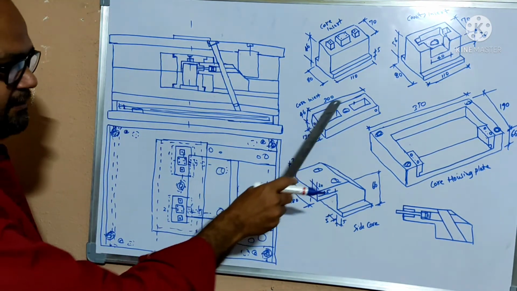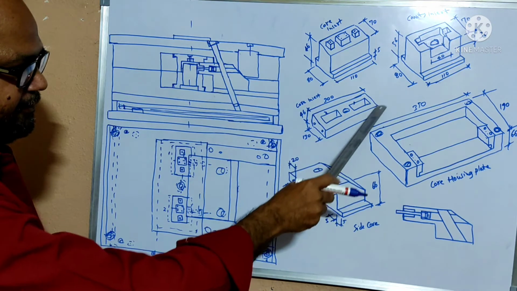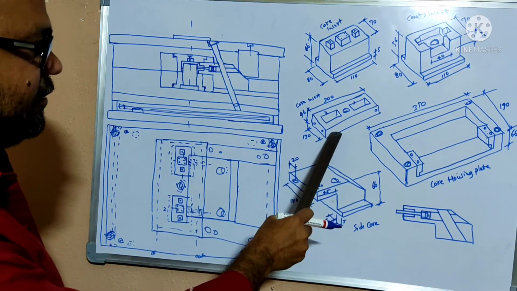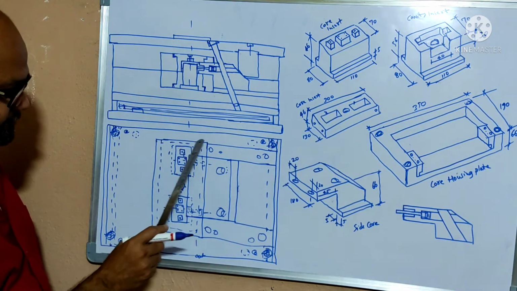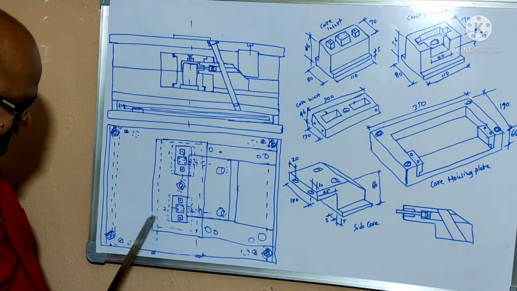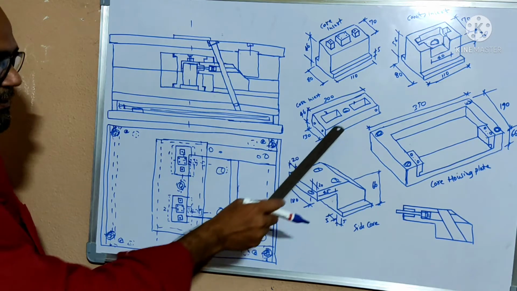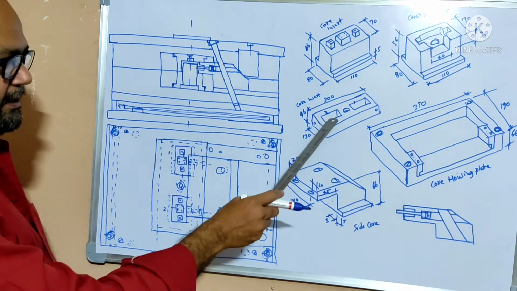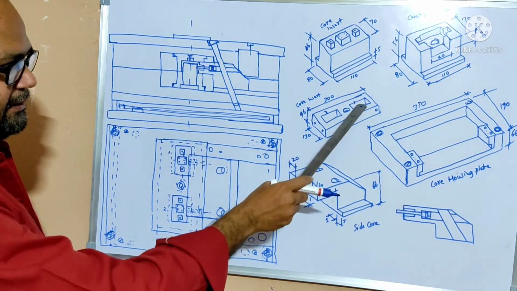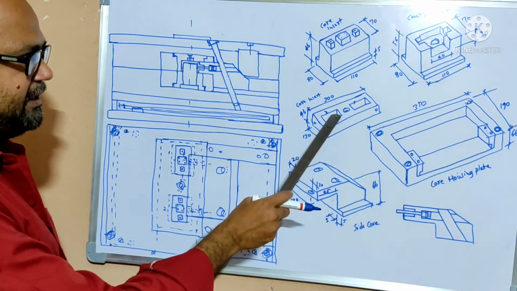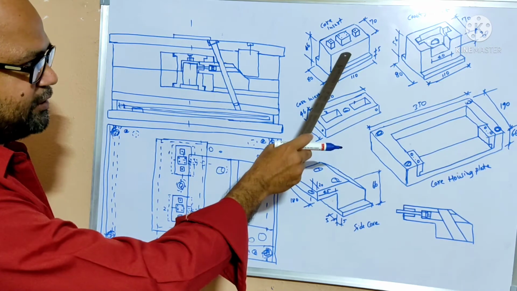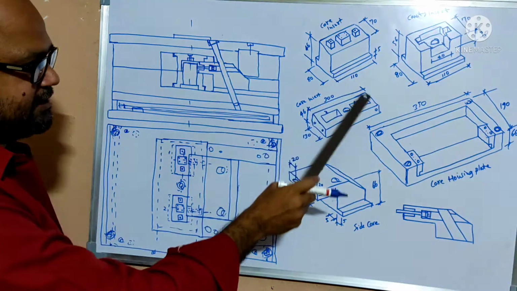The same thing, this is the isometric view. I am showing here the main core insert made of HDS. I am giving the dimensions also, and in this machining or pocket opening, these core inserts are placed.